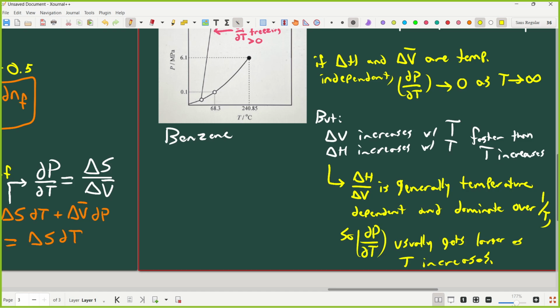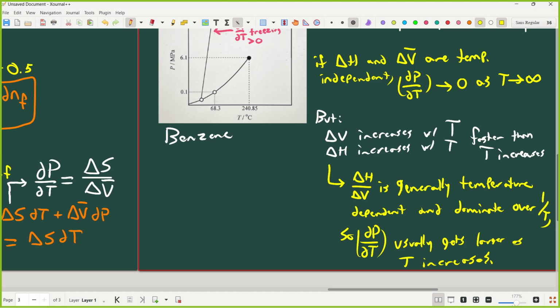It gets compressed more. The density goes up. And so delta V, the difference between the molar volumes of the liquid and gas, starts to get closer and closer together. And so that makes the denominator smaller and smaller. And that's why this curve continues to accelerate, if you will, as you go.